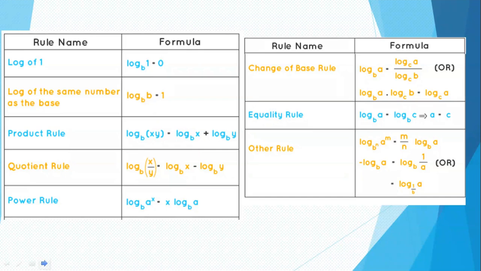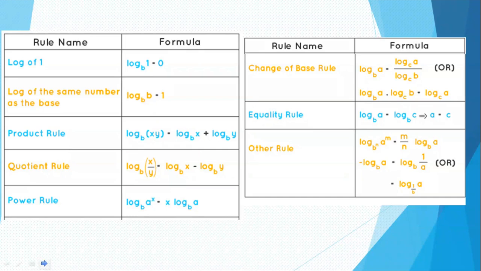Now, if I have log of any two numbers or two terms which are multiplied with each other, I can write this as log of x plus log of y. The product can be written down as a sum. Similarly, if I have division, then I can express that as the difference of those two terms, that is, the value of x, the numerator, and y.